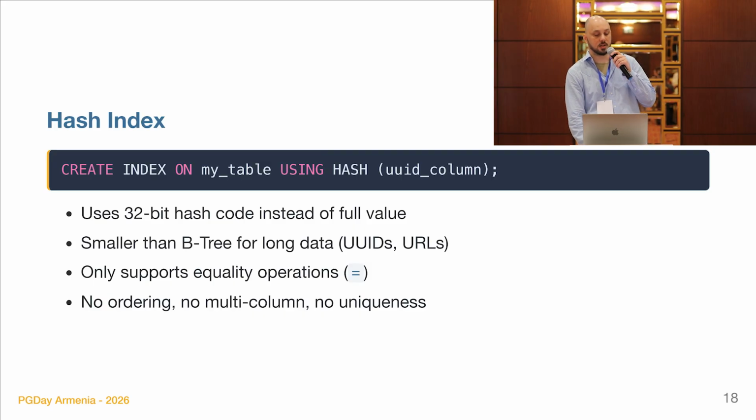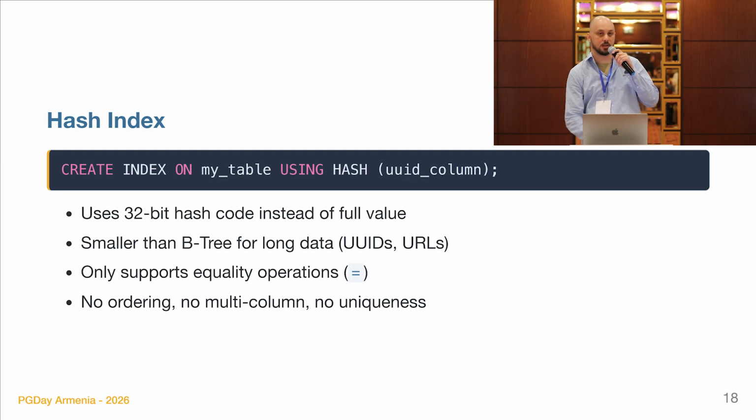And it only supports equality operations. The B tree supports equality, but because it's ordered, it also supports range operations. We can order things using the B tree. Let's say we want to find everything that's greater than some date. We can go down the B tree to the leaf node until we find that date, and then we can just scan forward and we have a range.